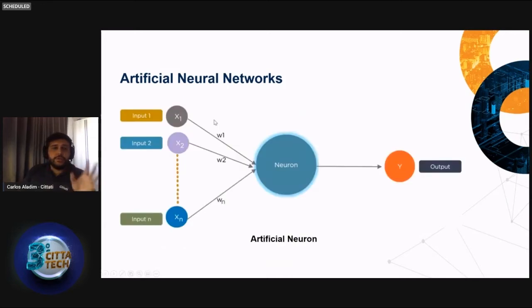And we have the artificial neuron. An artificial neuron is also known as a perceptron. It's the basic unit of a neural network. In simple terms, it's a mathematical function based on a model of biological neurons. It can also be a simple logic gate with binary outputs. They have three main functions also.